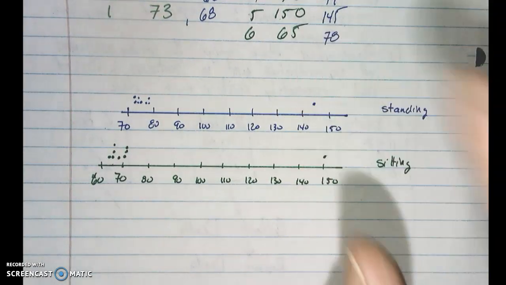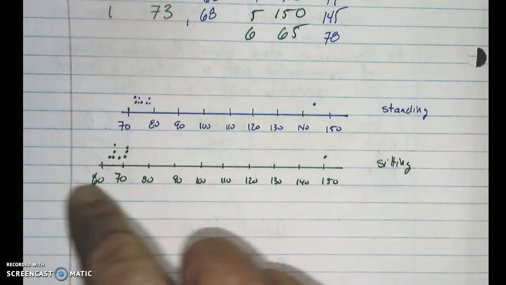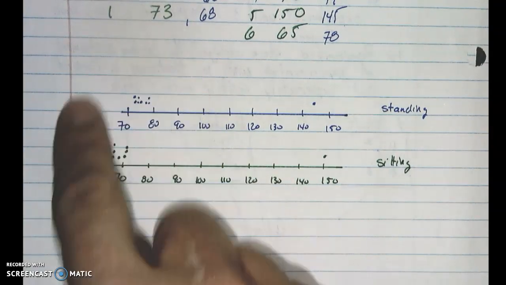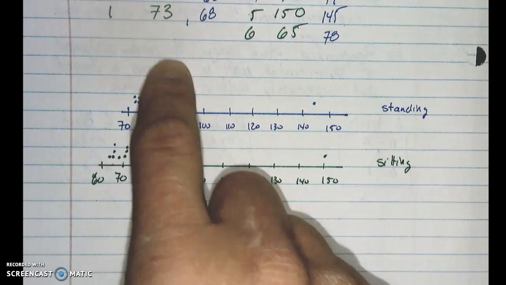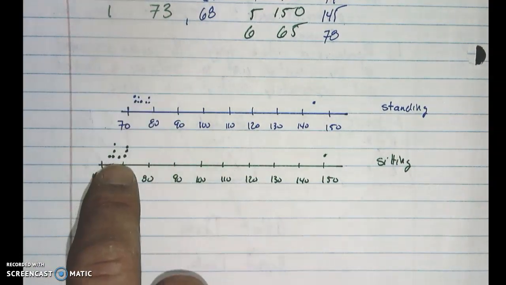In our report, we would say that this is an outlier and focus on it. So real quick, what's the easiest way to calculate the mean for both of these? What would be the quickest and easiest way, guys?